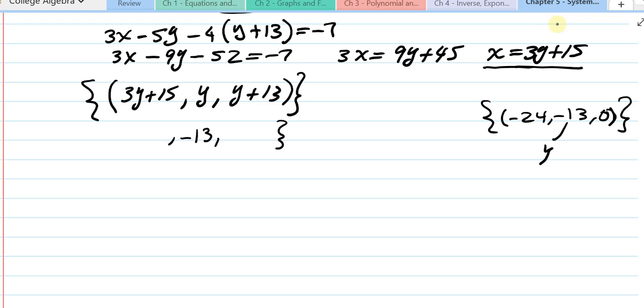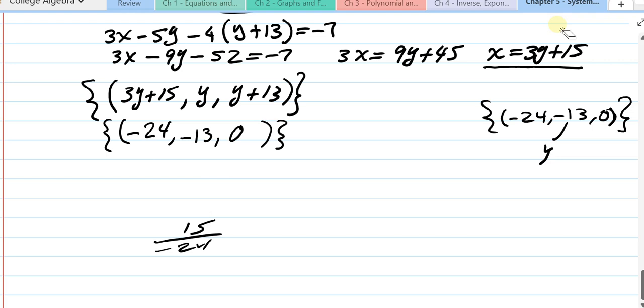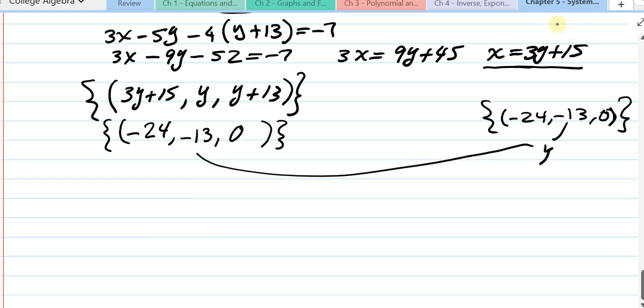Let's see what x and z end up being. Negative 13 plus 13 is 0. So z will be 0. Put negative 13 here: 3 times negative 13 plus 15. That's negative 39 and 15, negative 24. So x would be negative 24. You see how we got the exact same solution as we did before. It's just a different parametrization, they call it.